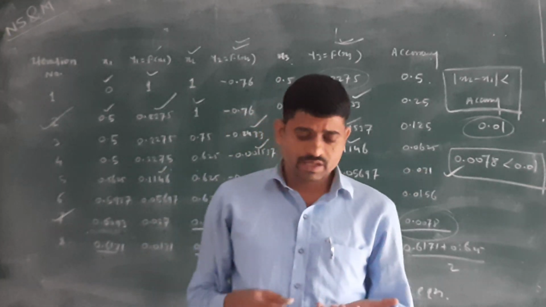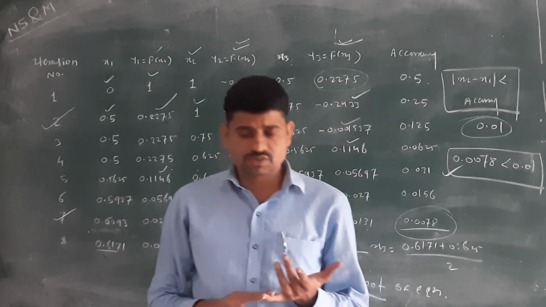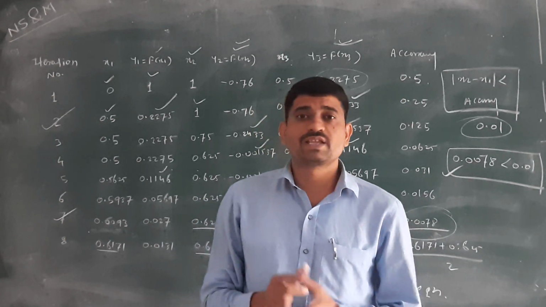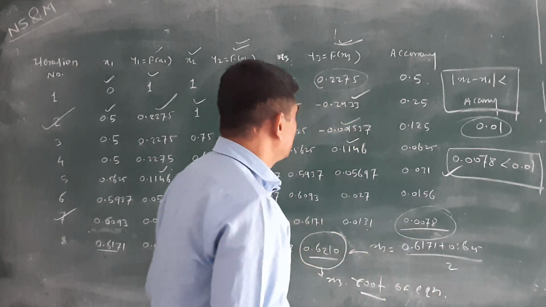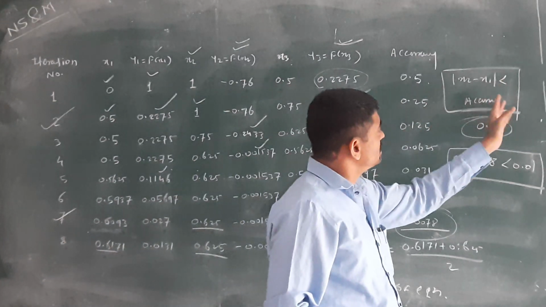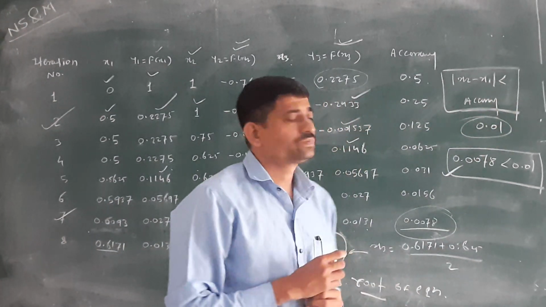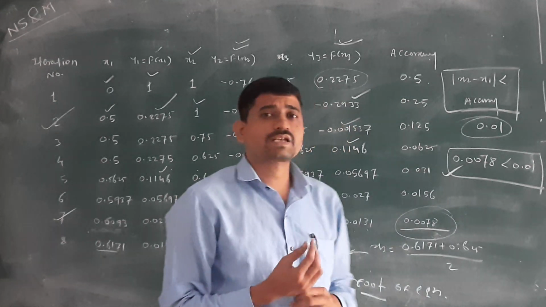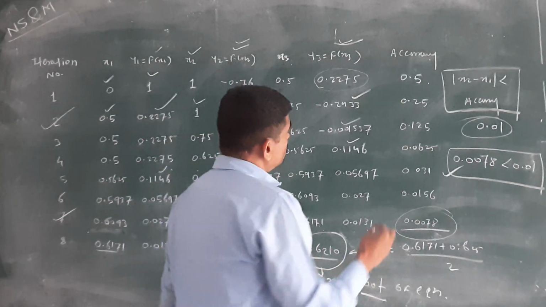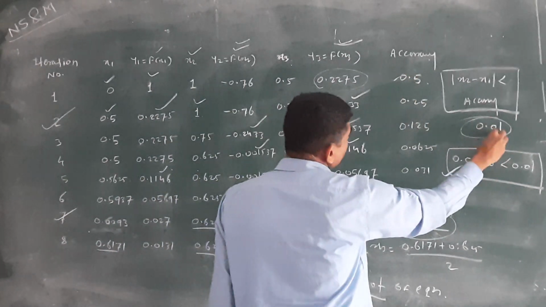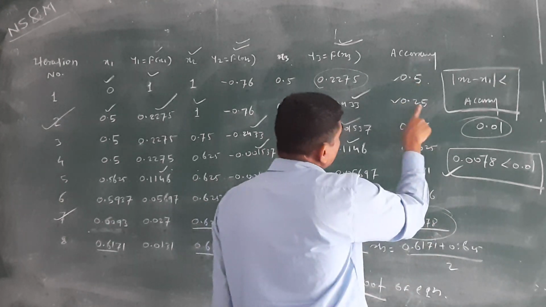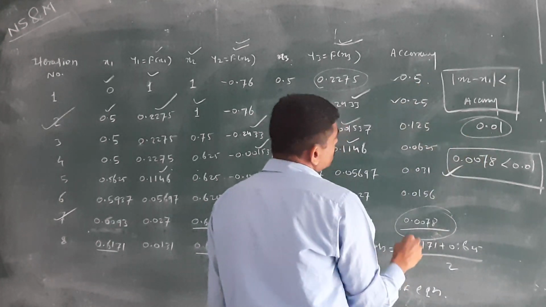Once you have calculated the f of x1 sign, f of x2 sign and f of x3 sign, then the last step: you have to check whether mod of x2 minus x1 is less than accuracy or not. Check that 0.5 is greater than 0.01. Then we go to the second iteration. Again 0.25 is greater than 0.01.